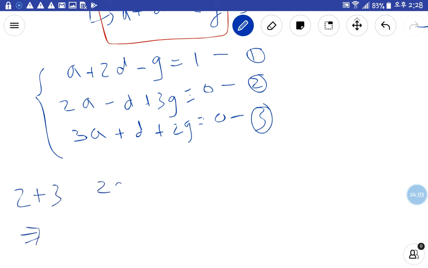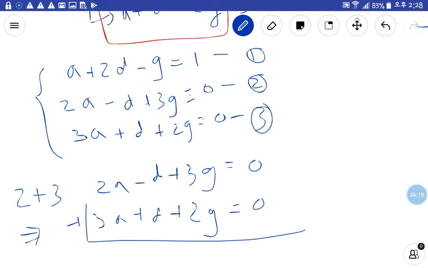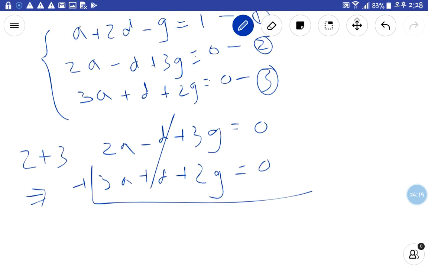You guys remember how to solve your system, right? 3A plus D plus 2G equals 0. If you add them up, then I can cancel my D out. Then I would have 5A plus 5G equals 0.